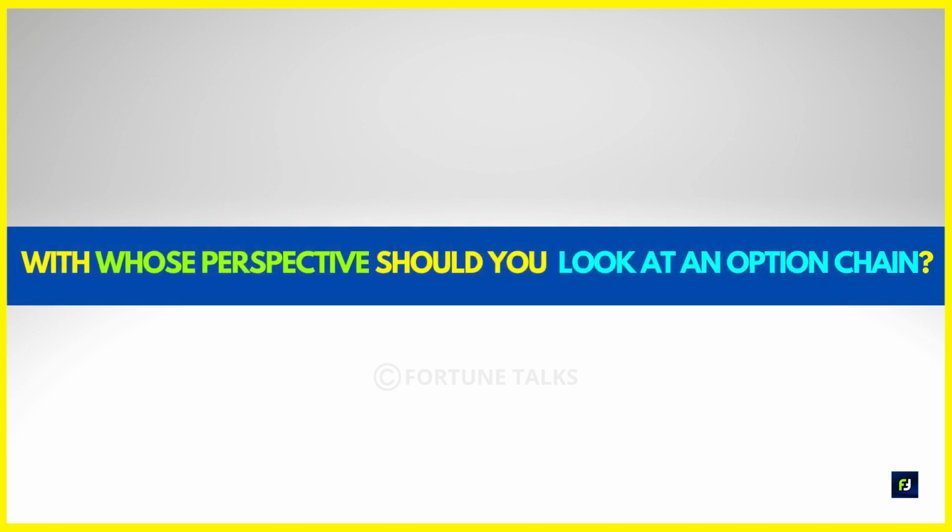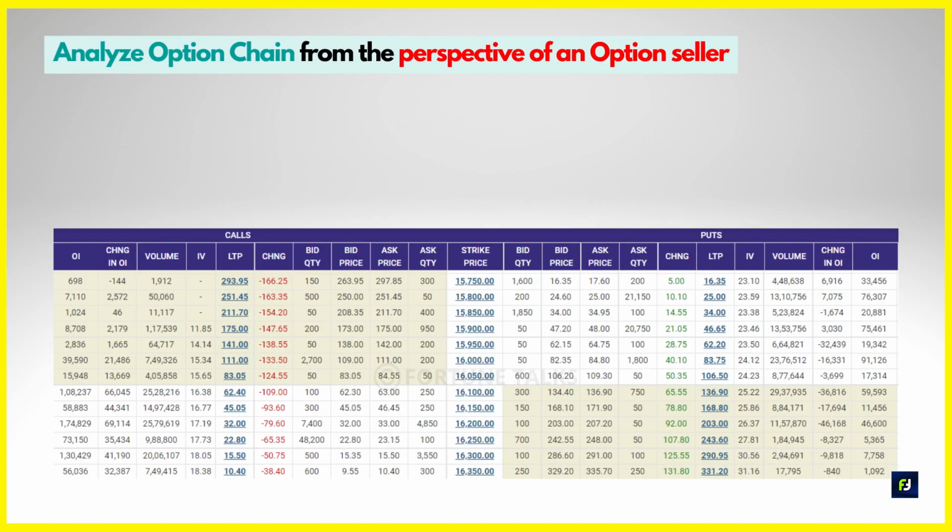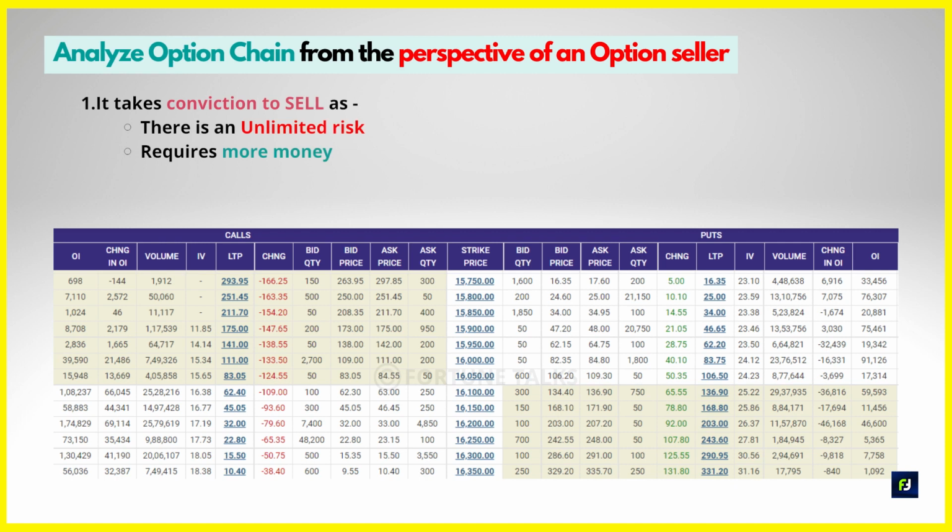But before all that, let me tell you whose point of view you should look at an option chain from. To be frank, writers or sellers of options are more important, and we should view the option data from the perspective of a seller. There are many reasons for this. First of all, it takes conviction to sell, as there is unlimited risk associated with selling options, and therefore more money is required.